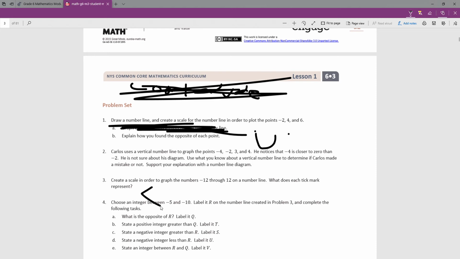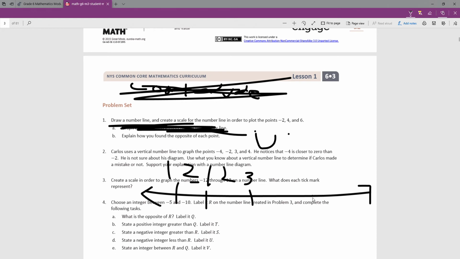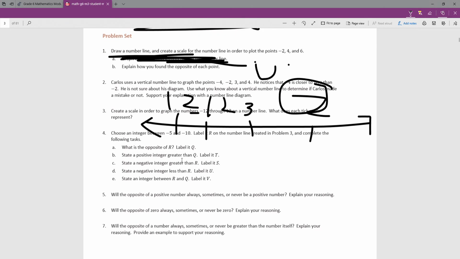So for here, you have to draw the number line on the thing. You put 3 in the middle, 12 over here, -12 here, and then 2 over here. So you circle 2, and then the opposite of R, label it Q. R equals 4.